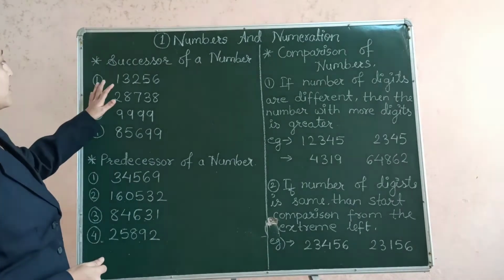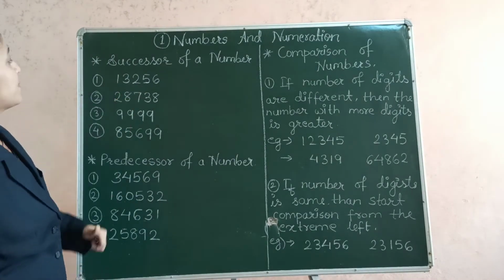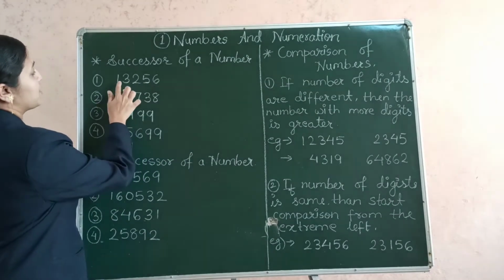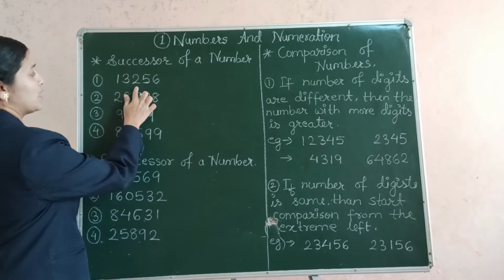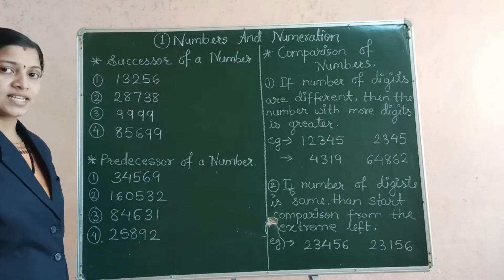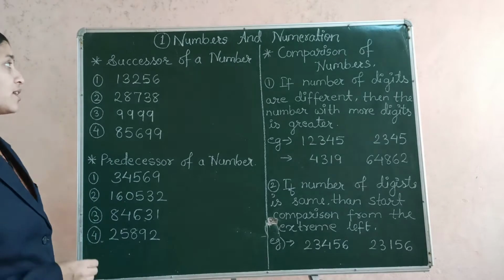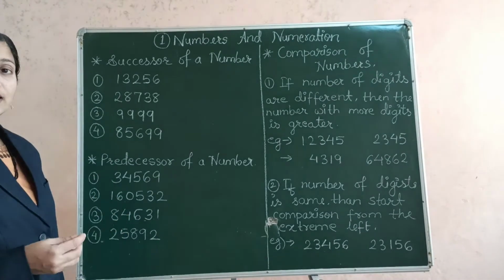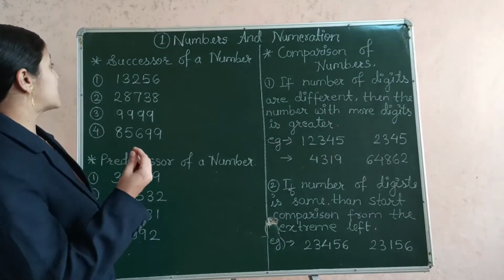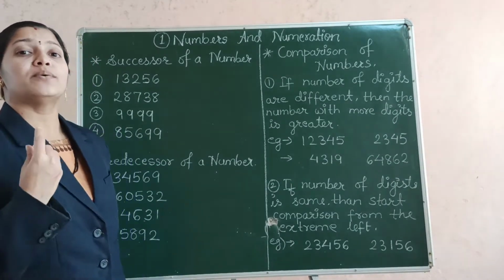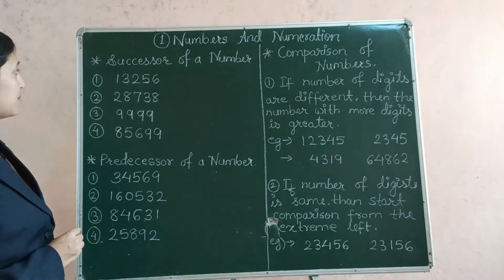Suppose the first number given is 13,256, and we are asked to find the successor of this number. The definition tells us that the successor of a given number is always 1 more than the given number.